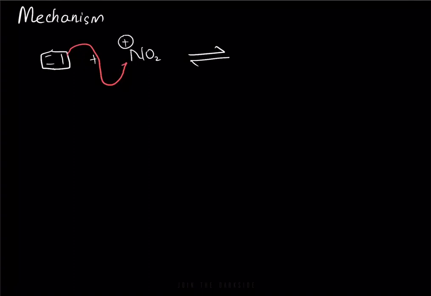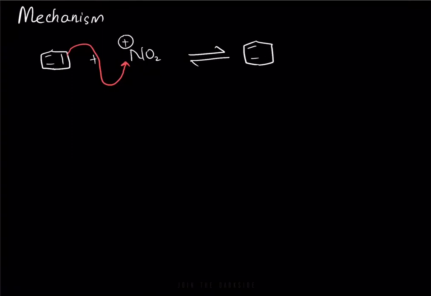And let's go on to the mechanism for the reaction. For the mechanism, you will take benzene with the electrophile, the nitro group. Again, the mechanism is going to be exactly the same. The pi bond is going to attack the nitrogen on the nitro group, thereby forming a carbocation.